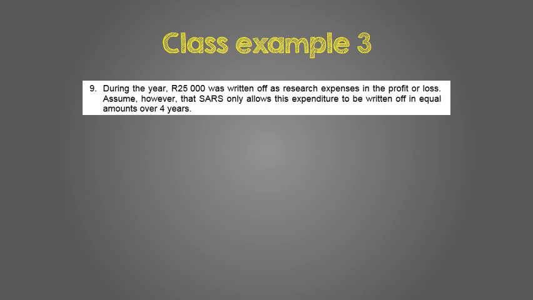Now, in this case, we do not have a carrying amount for any asset for these amounts that we paid, these expenses that we incurred. However, for tax purposes, we do have a carrying amount. So there is a benefit that we have in future for tax purposes from these research expenses.